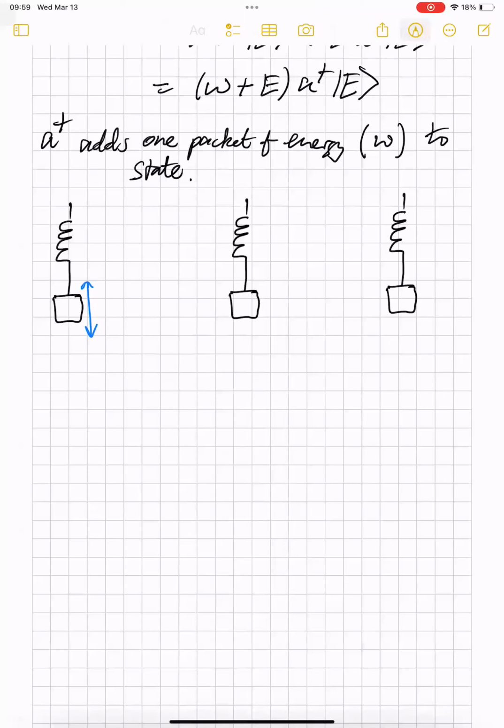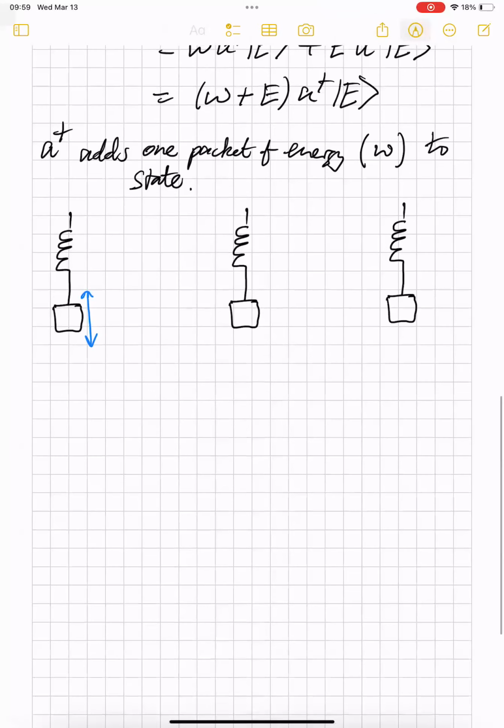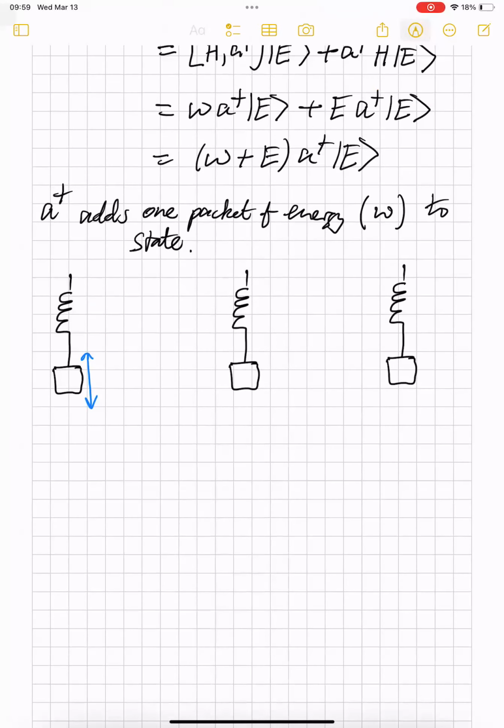It's moving up and down. When we act with A dagger, we increase the energy of the system so that the size of the oscillations gets larger. Now the mass is oscillating with a far greater amplitude. And if we act with A dagger again, the amplitude of oscillation increases even further. So here, the mass is oscillating as you see the pen moving.